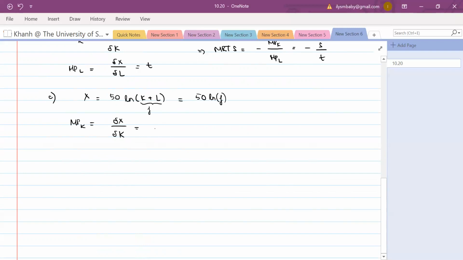Okay, so if you differentiate x with respect to k, you basically differentiate x with respect to f first, and then you multiply by the differential of f with respect to k. So this is the chain rule.